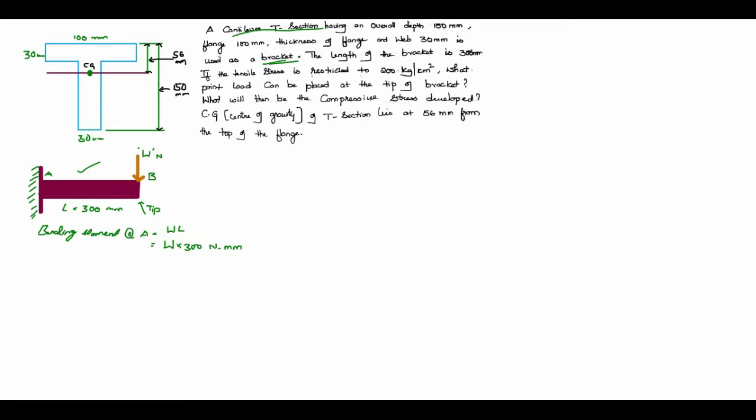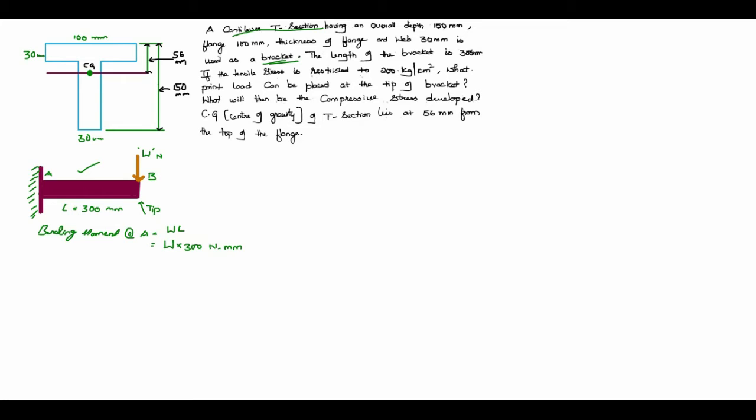It is being used to support a point load, and that is W at the tip. Now this is made up of some material and the cross section of this bracket is of T section and the dimensions are as shown in this figure.